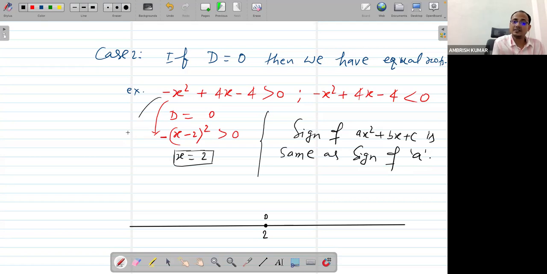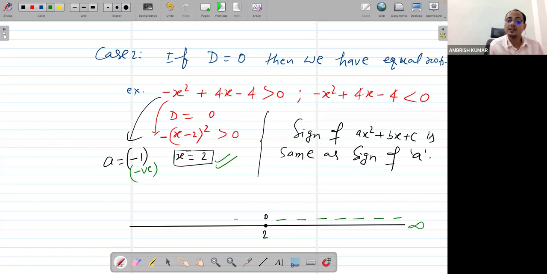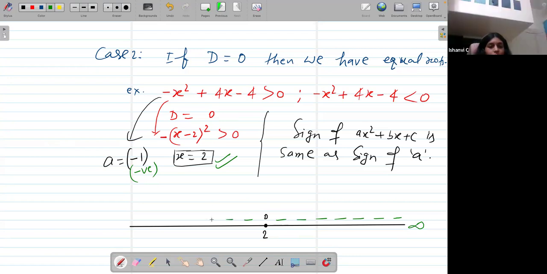Now see here, a means it's minus 1, right? So for all the values of x, minus 1 means it's negative, no? So for all the values of x except this value 2, because at 2 it's going to be 0, for the rest of the values of x, it's going to be negative always. So when we say it's going to be negative, it means nowhere it can be positive. Are you getting this? Yes, sir.